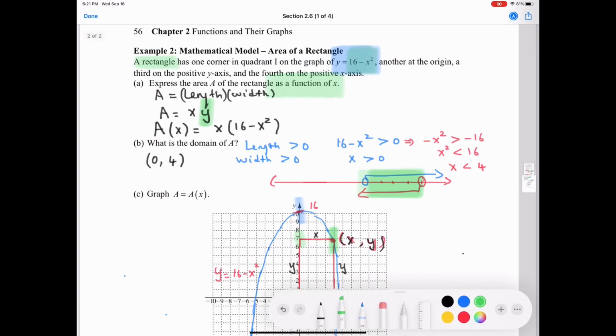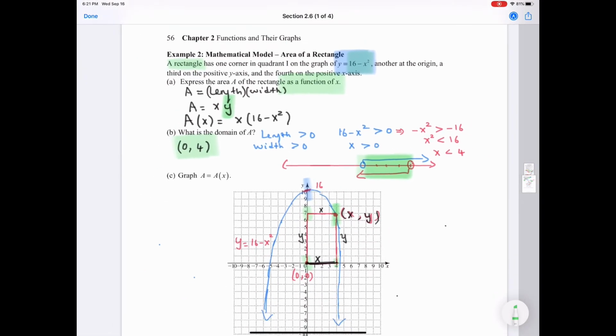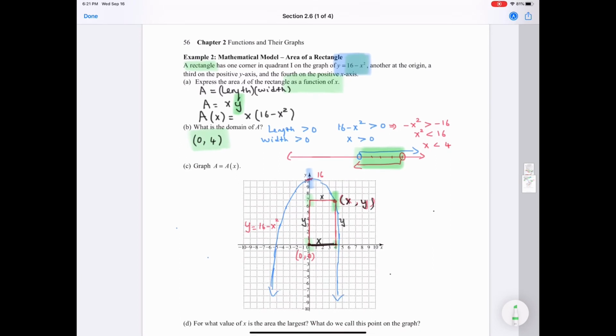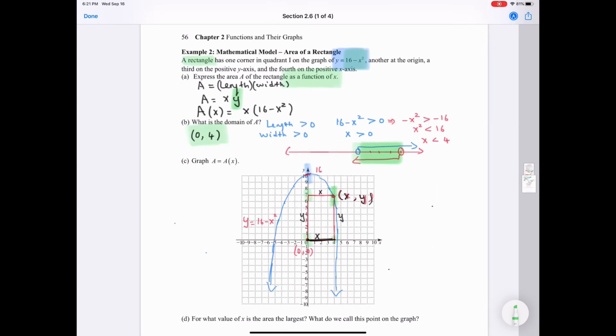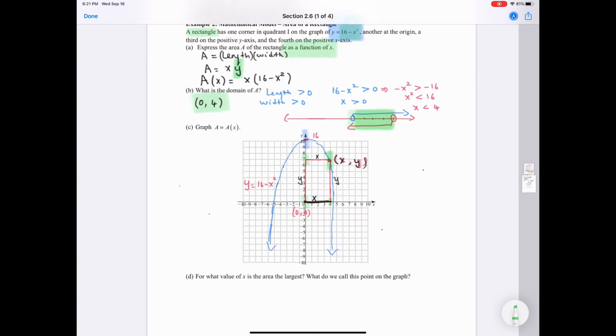So your value of x should be 0 to 4, and that is the domain of this function. Therefore, the domain of this function is the interval (0, 4). I hope you understood it. I graphed this function for you.